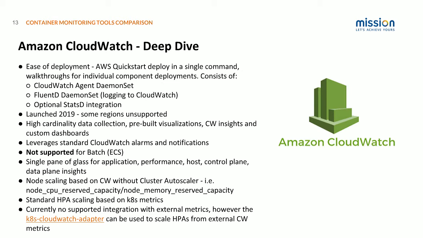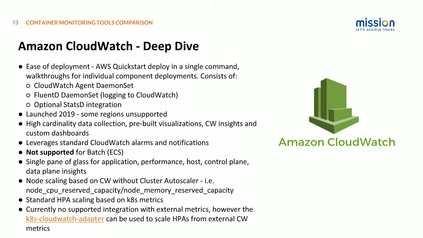Either way, it's very easy to do and highly configurable. It was just recently launched this year, so there are still a few regions that are unsupported in the typical AWS fashion.